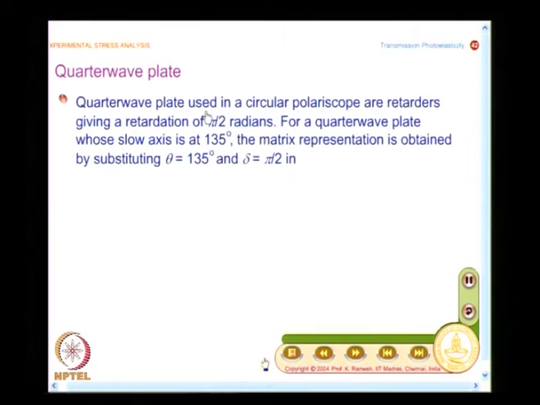And quarter wave plates used in a circular polariscope are retarders giving a retardation of pi by 2 radians. So, we know the retardation, and we keep the quarter wave plate at appropriate angles. One such angle is 135 degrees, the other angle you can also keep it at is 45 degrees, and look at how the retarder is represented.